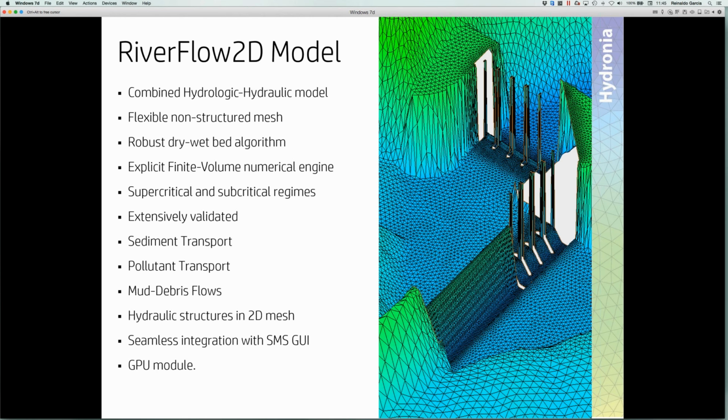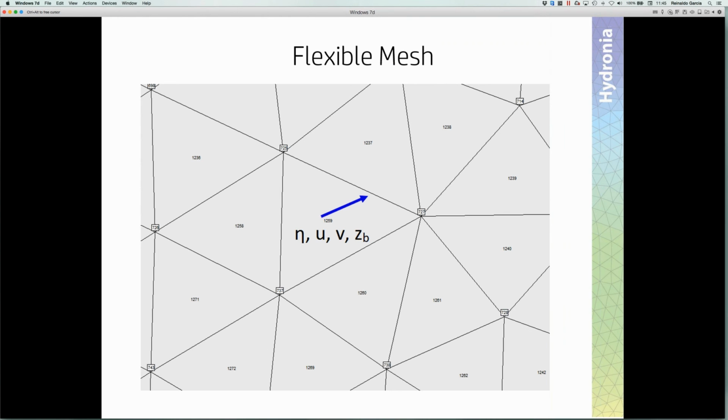So if you compare RiverFlow2D using one core or using advanced GPU hardware, you can expect accelerations on the order of 150 times, which has a tremendous impact in practical applications, because a run that could take you days in other non-parallelized models can take you only hours, and runs that maybe take you hours can take you minutes and sometimes seconds.